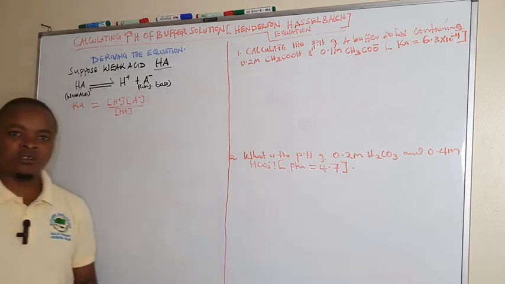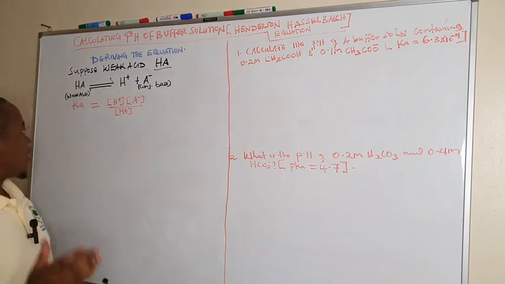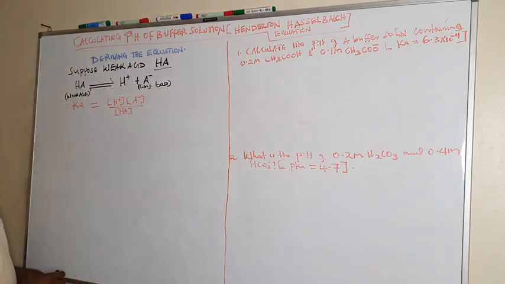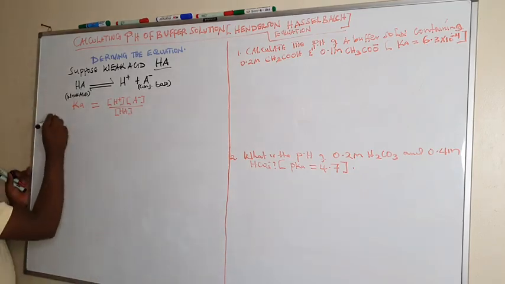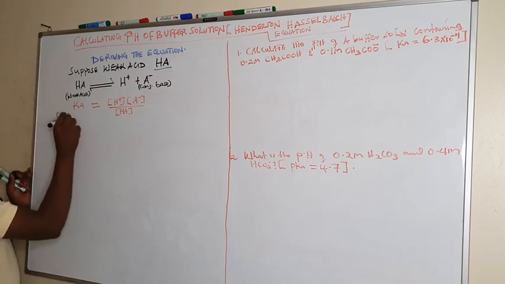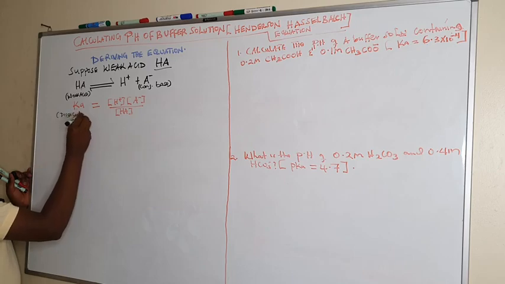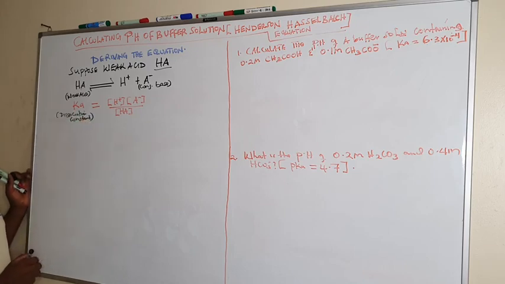This is how we calculate the dissociation constant, that is Ka.